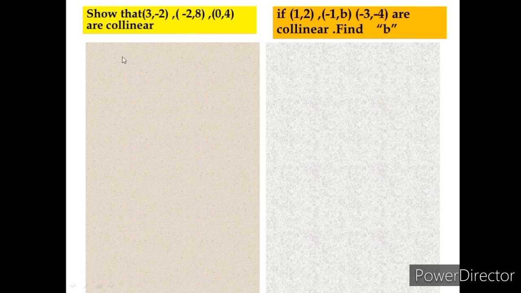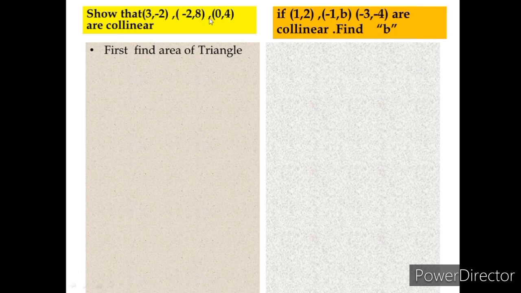So first of all, come to the solution. Now you have to first find the area of the triangle. Okay, that is the major thing. Why? Because the collinear concept depends on the area of the triangle. What is meant by collinear? If 3 or more points lie on the same line, those points are called collinear.